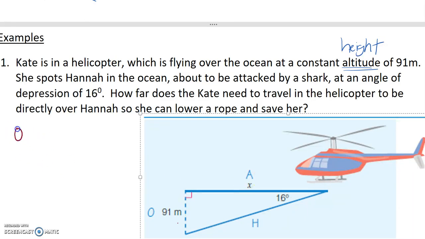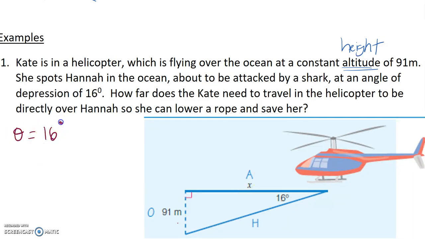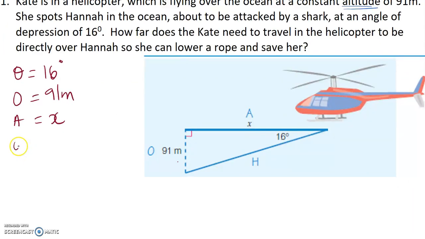We know that our angle is equal to 16 degrees. We know that the opposite side is equal to 91 meters, and we need to find our adjacent side, which is the unknown. O and A uses TOA. Let's start substituting.